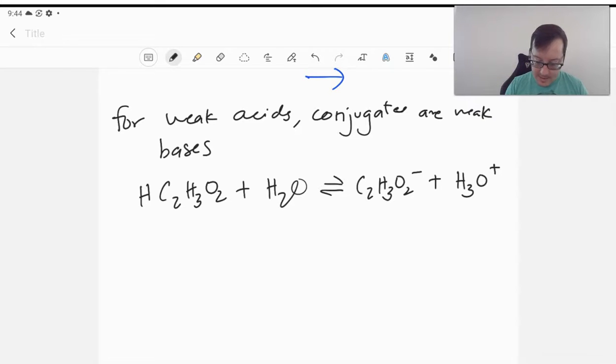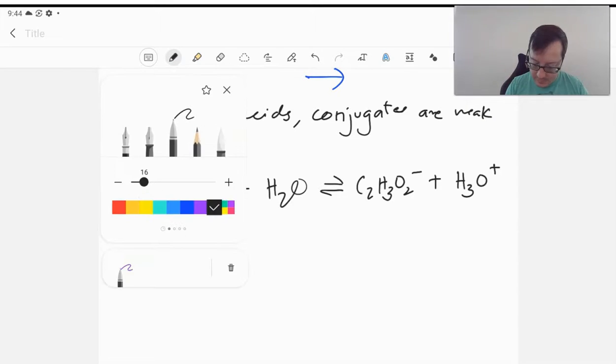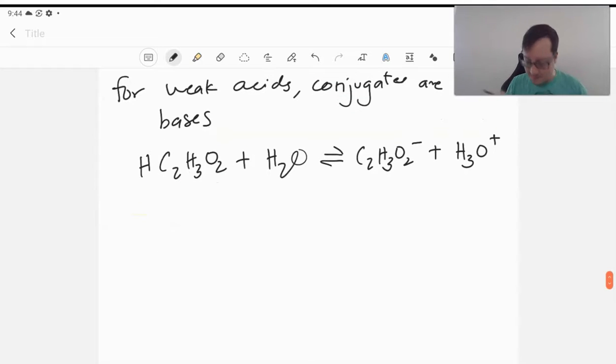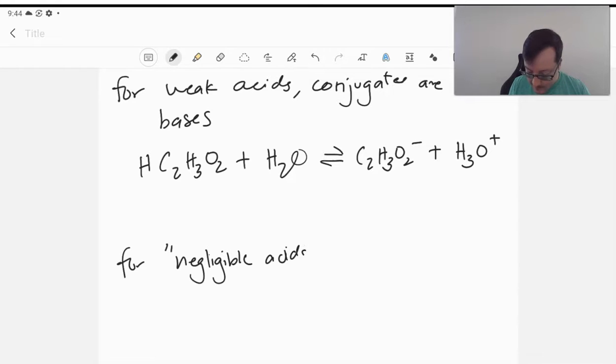Okay. And then the last one, we don't really have a category called negligible acids, but let's make it up. For negligible acids, not really a category we have, but we'll just put it out there.